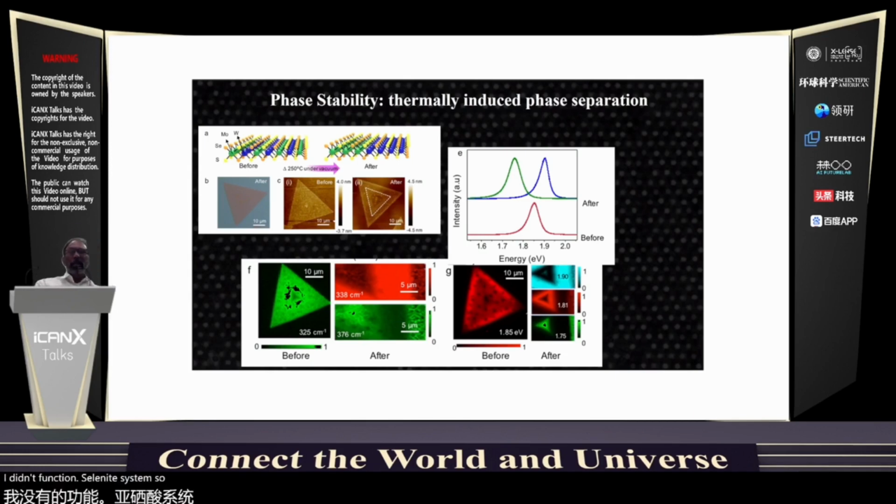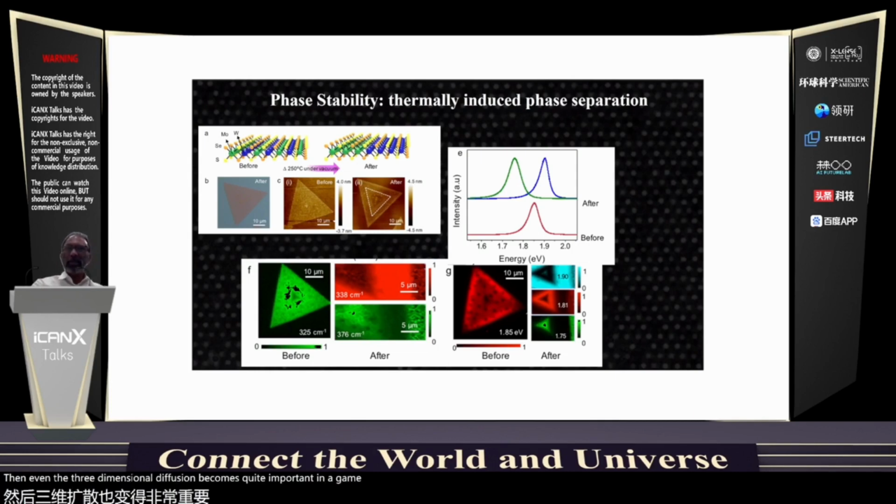So again, from an engineering perspective, it's extremely important to understand things like phase stability, compositional stability, diffusion of atoms within these 2D systems. And if I start to put stacks of different layers with different compositions, then even the three-dimensional diffusion becomes quite important.